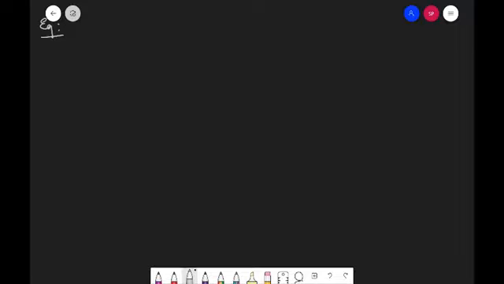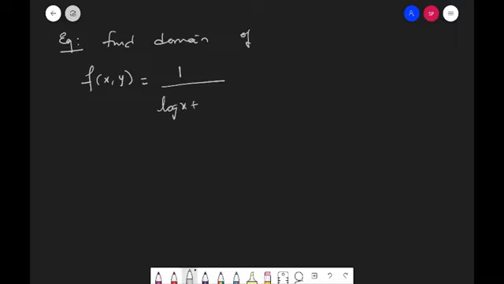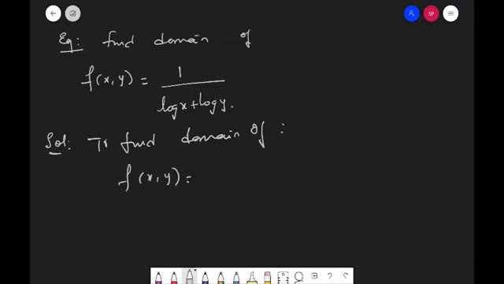That is, we are given here, find the domain of the function f of xy is equal to 1 by log x plus log y. Right. Now let us look at the solution to find the domain of f of xy is equal to 1 by log x plus log y.